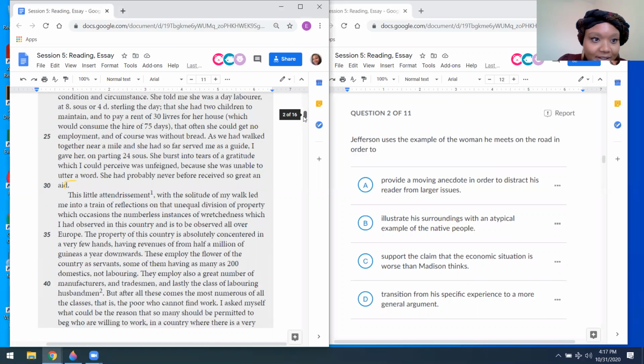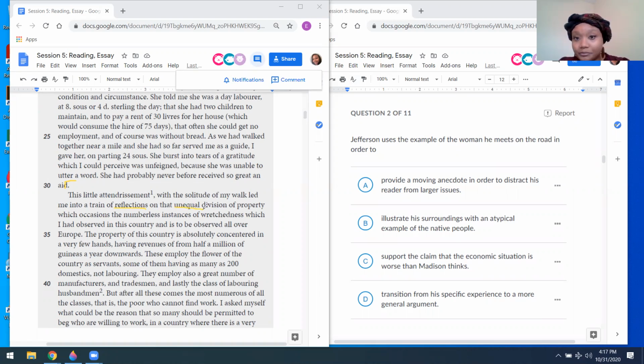So this little emotion, with the solitude of my walk, led me into a train of reflections on that unequal division of property. So after he describes his conversation with this woman, he goes straight into, he's basically saying it made him reflect, and he started thinking about the unequal division of property.